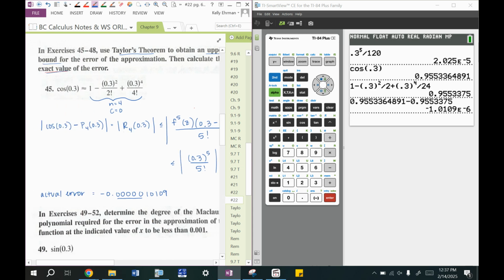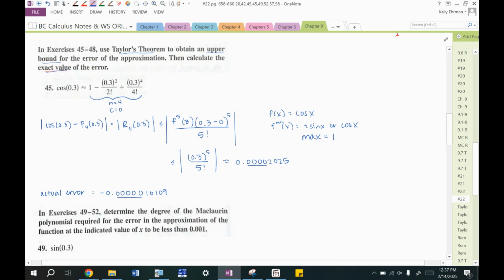The number of zeros means that's how many places are going to match up until your approximation is different than the actual value. So yes, this is our upper bound.